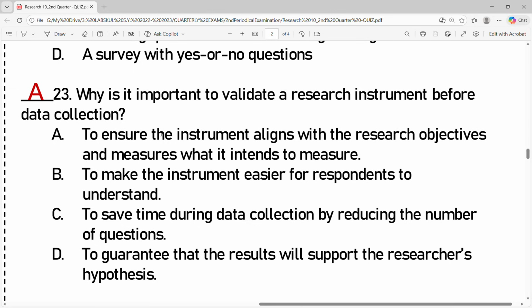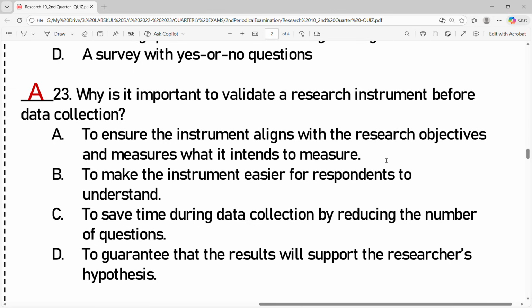The main reason why you should validate your research instrument before you collected data from your participants or your pilot participants is to ensure that the instrument aligns with the research objectives and measures what it intends to measure.